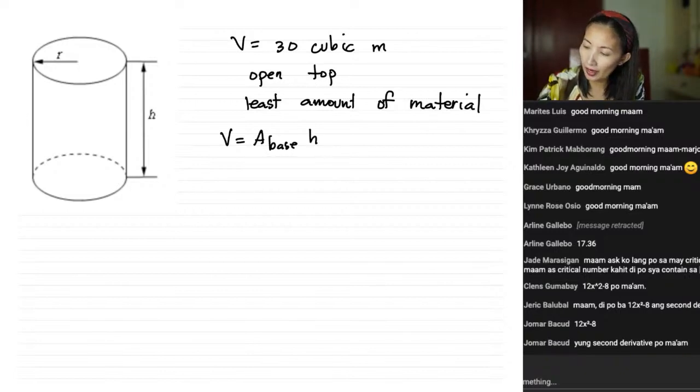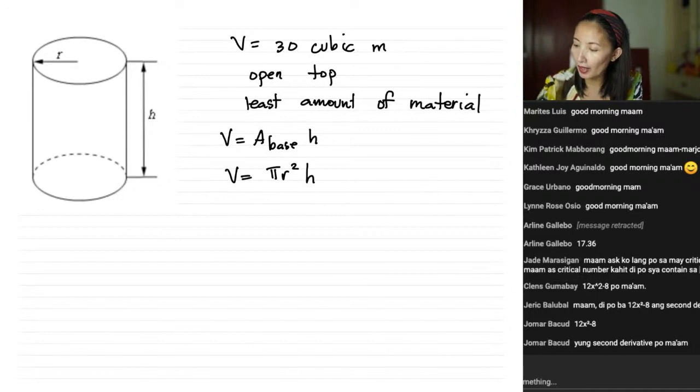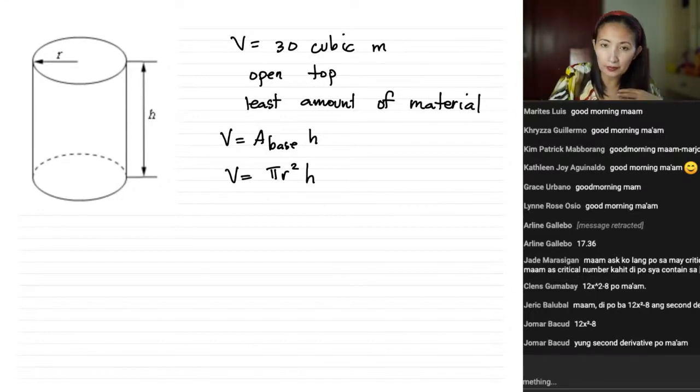And you know for a fact that the base of a cylinder is a circle. And the area of a circle is pi r squared. And the height is h. Okay, V is equal to pi r squared h, and the volume given is 30.